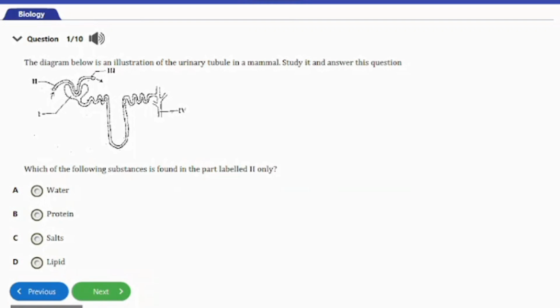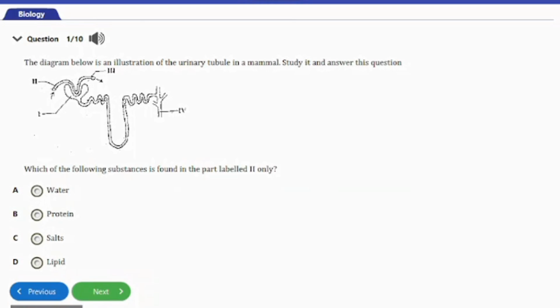So guys, the correct answer to this question is option B, and that's the protein. This is because when the plasma proteins get down to the glomerulus, they will not be filtered into the Bowman's capsule, because the plasma proteins are not to be excreted via this tubule. So they will not pass through the glomerulus to enter the Bowman's capsule.